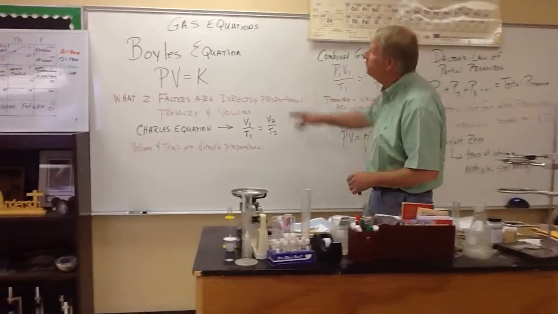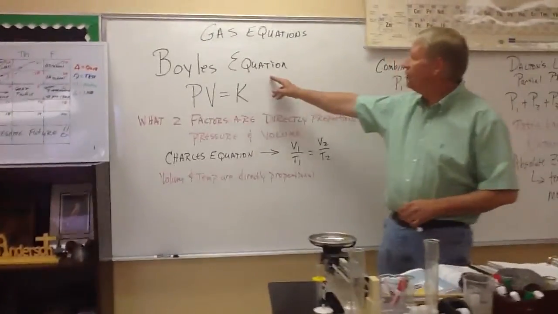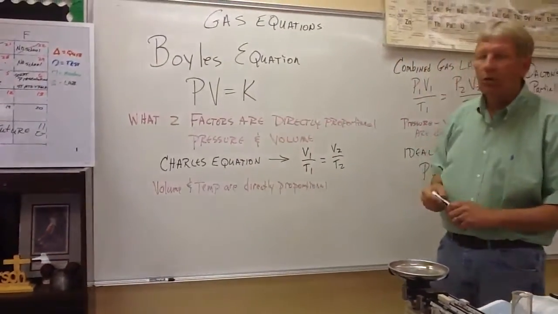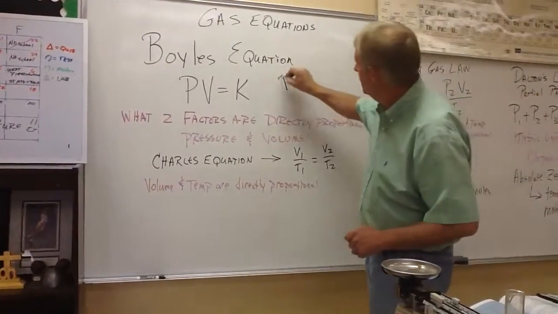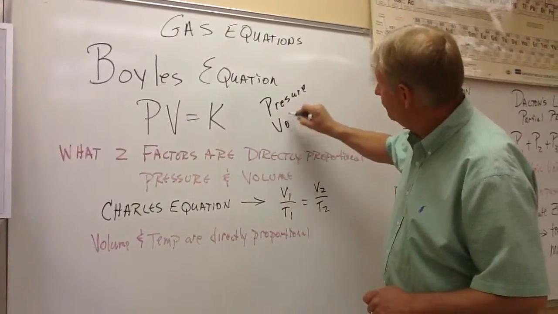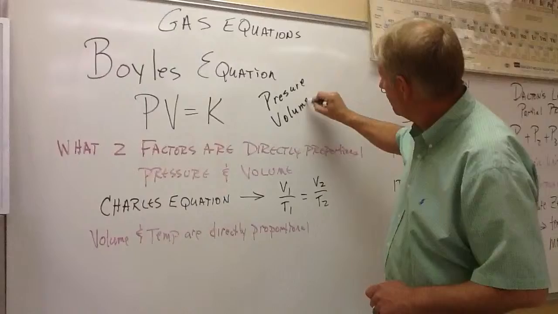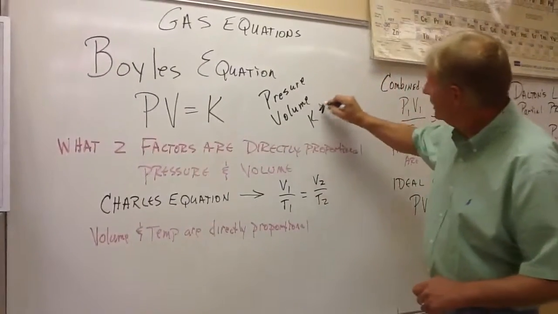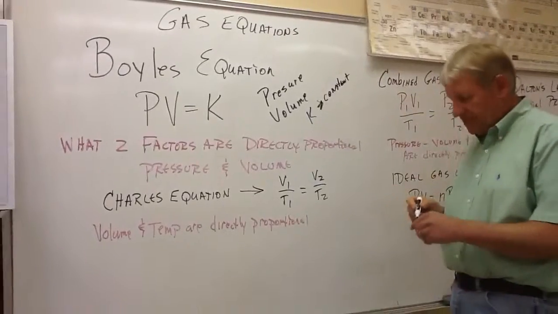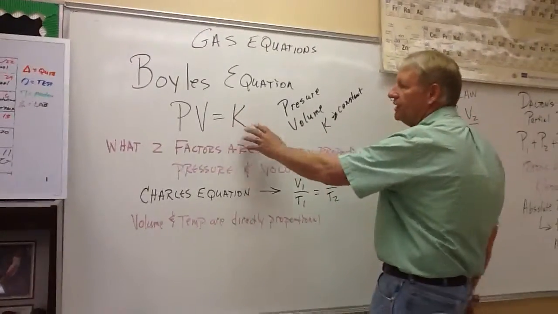So first of all, there's Boyle's law and Boyle's equation. Boyle's equation says PV is equal to K, where P is pressure, V is volume, and K is a gas constant. So pressure times volume is equal to the gas constant.